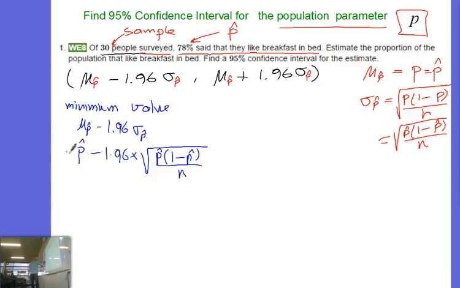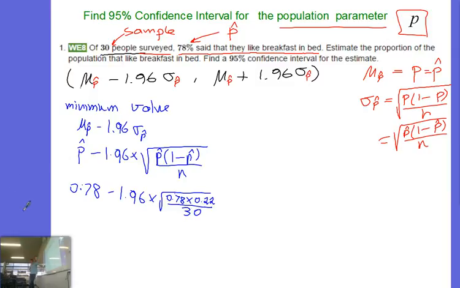What's the value of p hat from the question? 78%, so 0.78. Minus 1.96 times the square root of 0.78 times 1 minus 0.78, divided by n, and n is our sample size, which is 30.